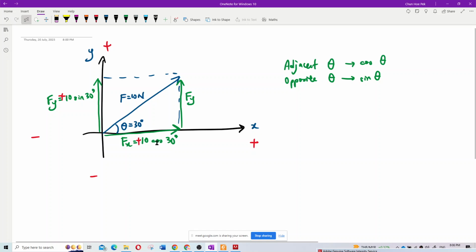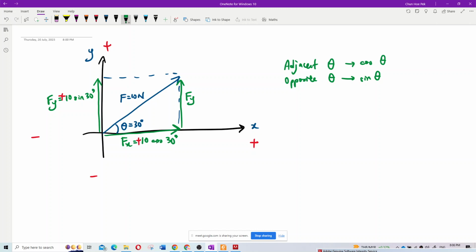Let us calculate this value first. So what is 10 cos 30?